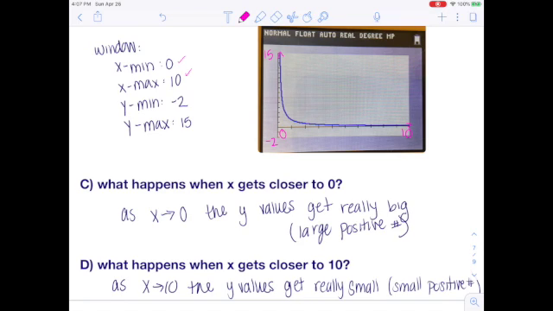So what happens as the x values get closer to 0? So we're looking here. When you have x values that are really close to 0, what is happening to your corresponding y values? Your y's are really big, right? So I would say as your x values approach 0, the y values are getting really big, or a large positive number they're approaching.